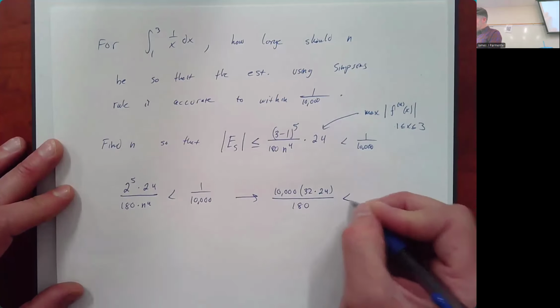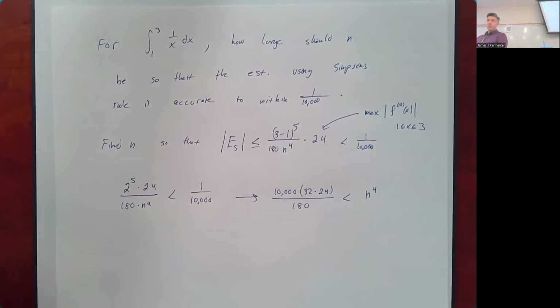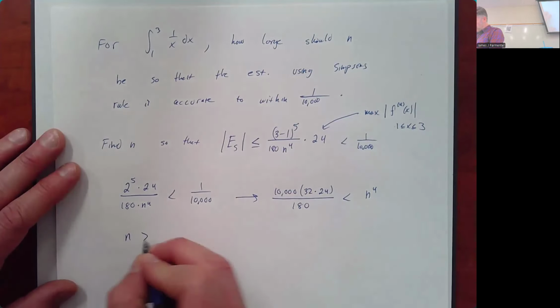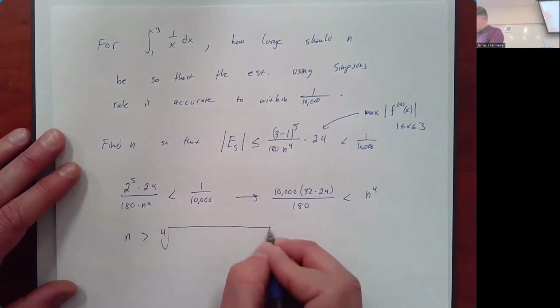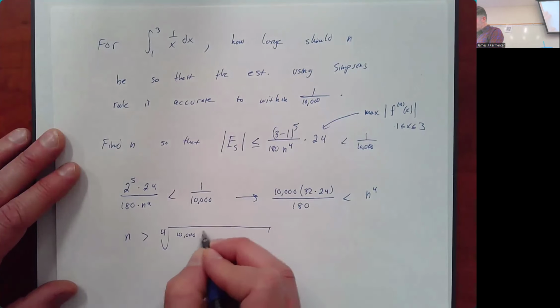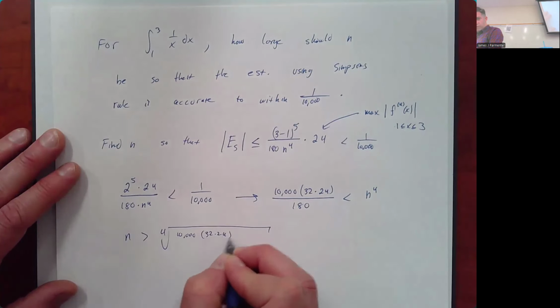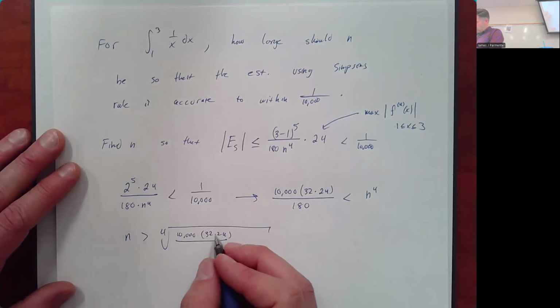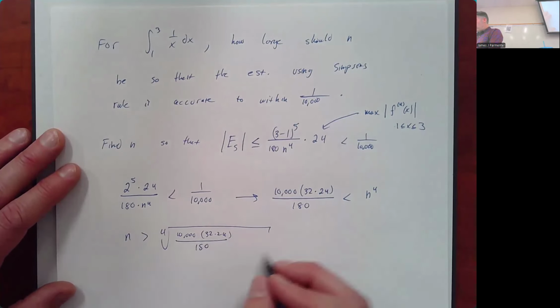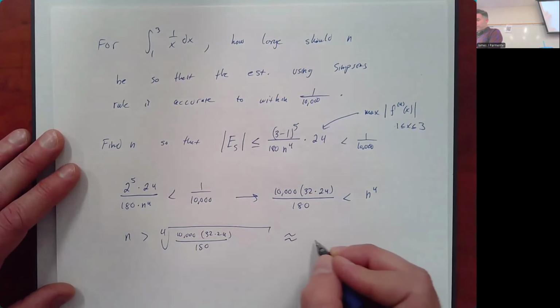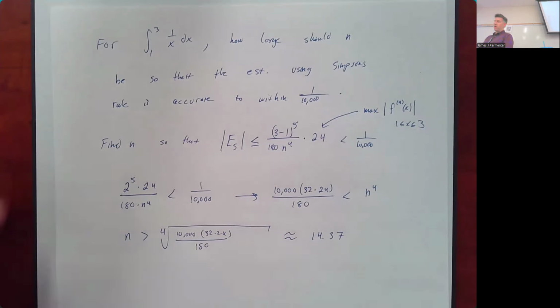So then what we're going to get is n should be bigger than the 4th root of 10,000 times 32 times 24 over 180. So this is approximately equal to 14.37. So here's the weird news. We're going to round up to 16.